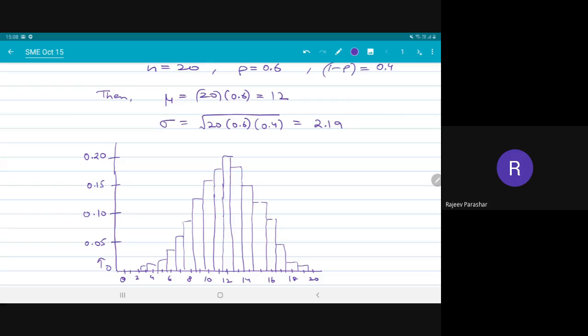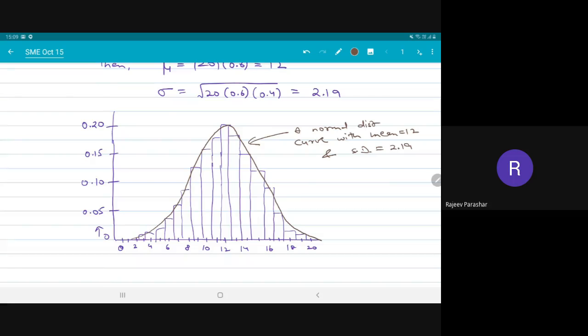Now, if we plot, let me use another color. So this is a normal curve with mean equal to 12 and standard deviation equal to 2.19.